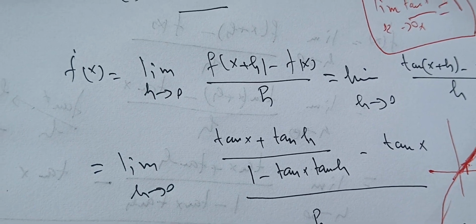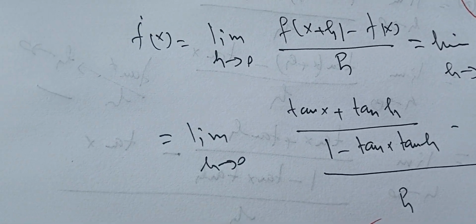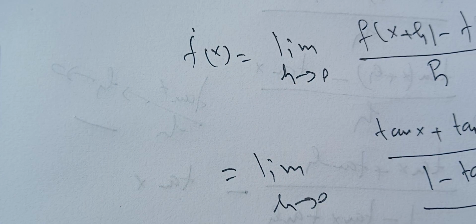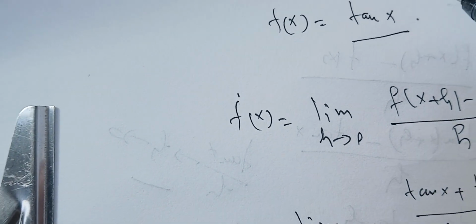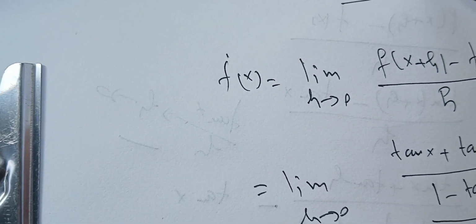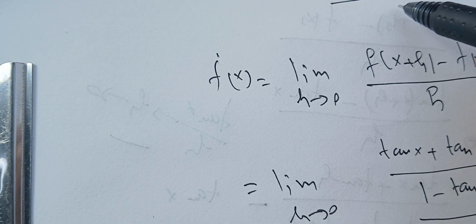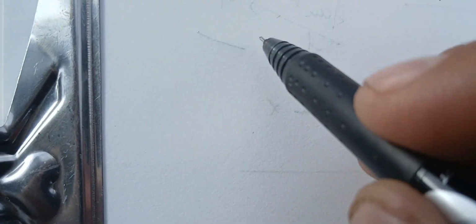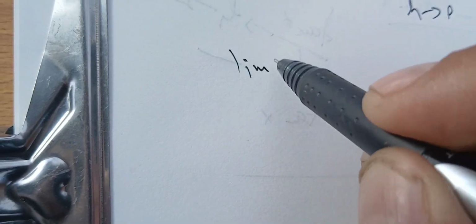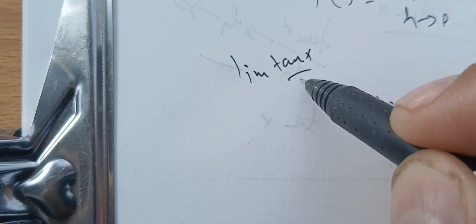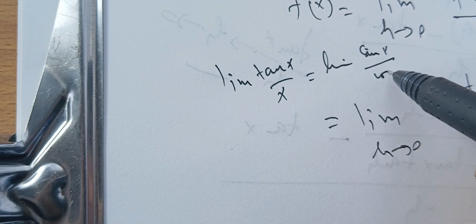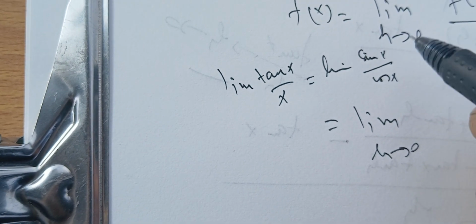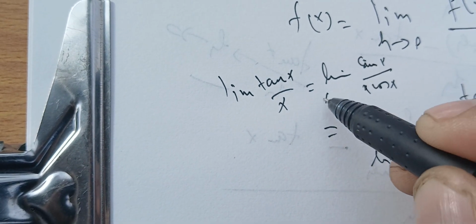Another way of proving this limit, if you don't see it, is to use the definition of the tangent, but we need to know more limits. The tangent is sine over cosine, so the limit of tangent x over x is the limit as x goes to 0 of sine x over cosine x times x.